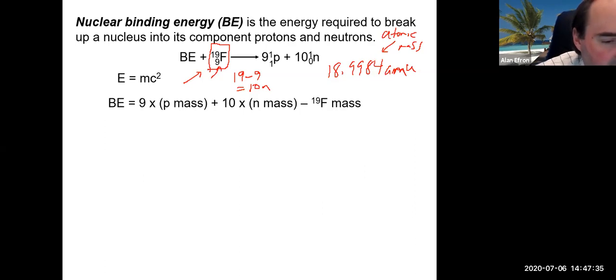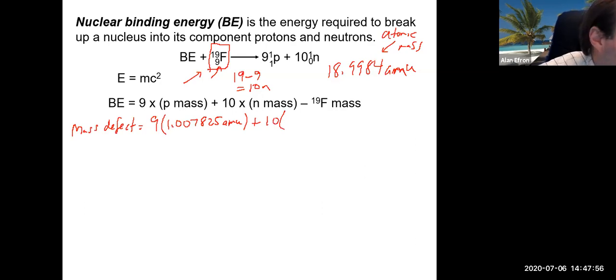So to find the mass defect, we would take the mass of those 9 protons, and the mass of a proton is 1.007825, and that would be provided to you, plus the mass of our 10 neutrons, and the mass of a neutron is 1.008665.